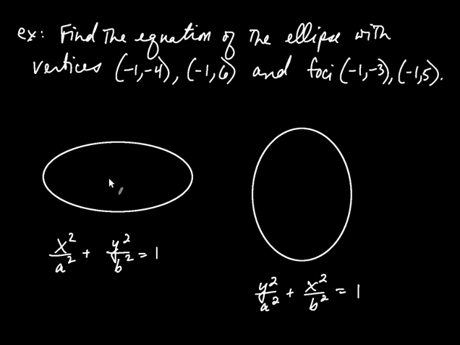So if the ellipse was oriented horizontally, the foci and the vertices would all have the same y-coordinate, because they're along the same horizontal line. But if it's oriented vertically, they'd all have the same x-coordinate. So when I look at these ordered pairs, I see that they all have the same x-coordinate. So our ellipse must be oriented with the major axis vertical.